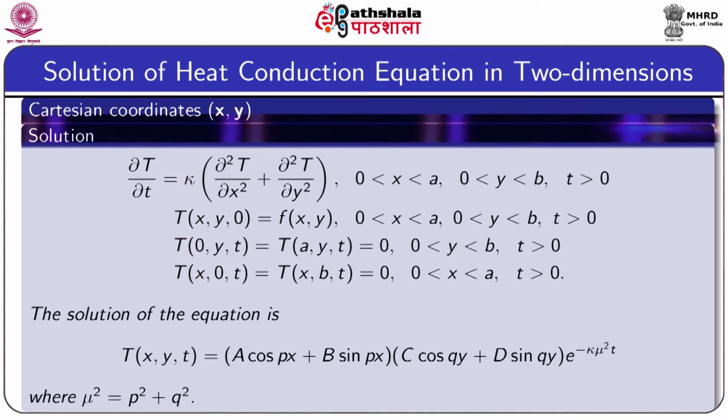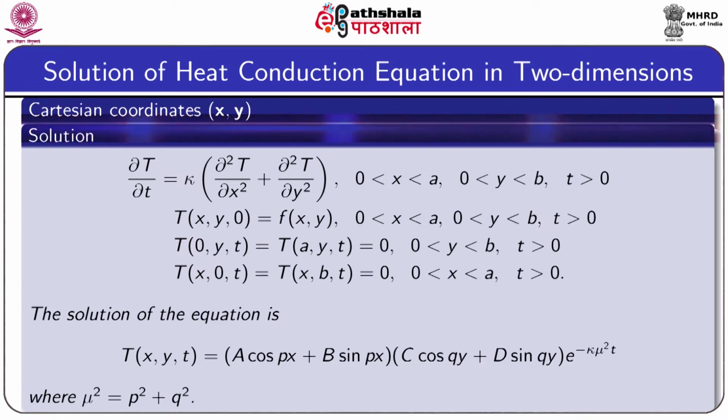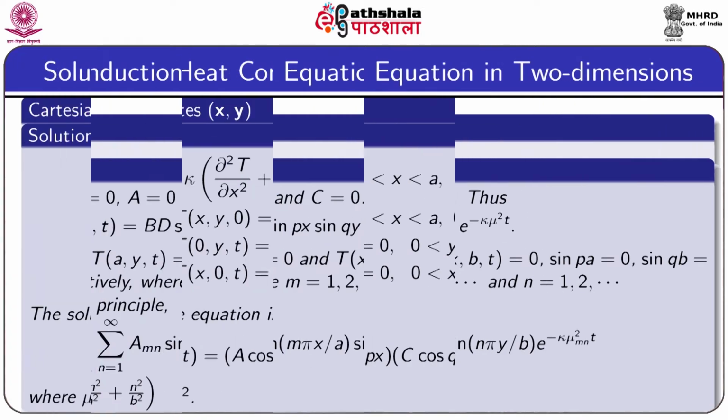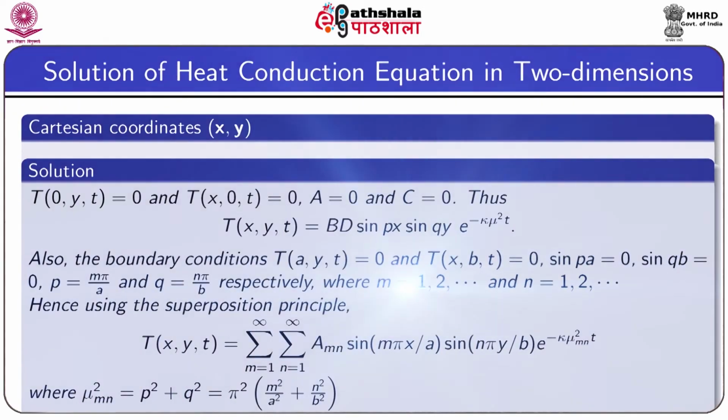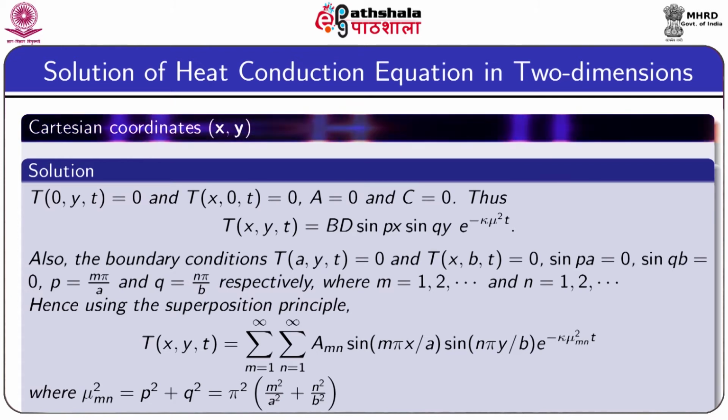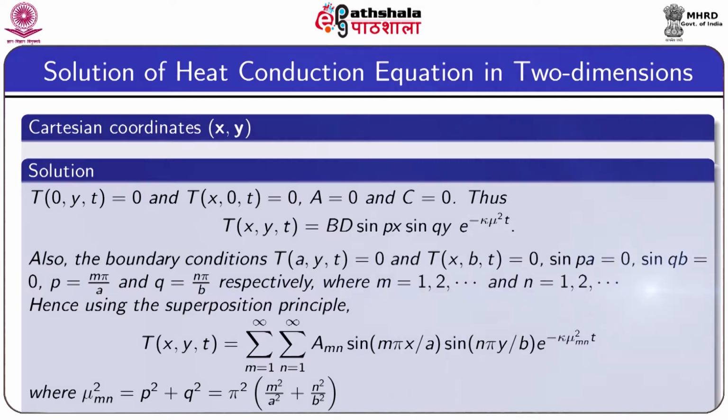Similarly, T at y equals 0 gives capital C equals 0. Thus, the general solution reduces to this form: capital T(x, y, t) equals b d sin px sin qy e to the power minus kappa mu square t.